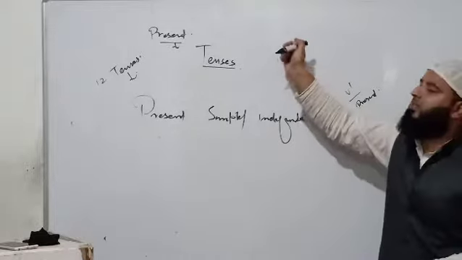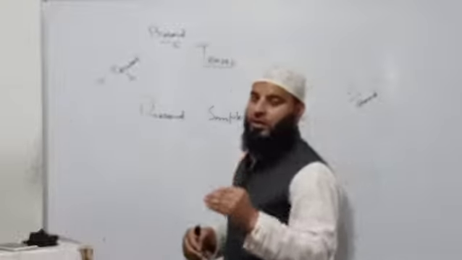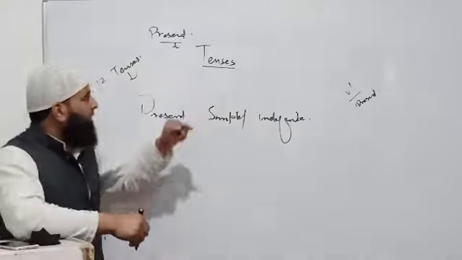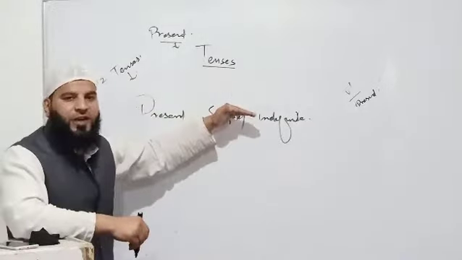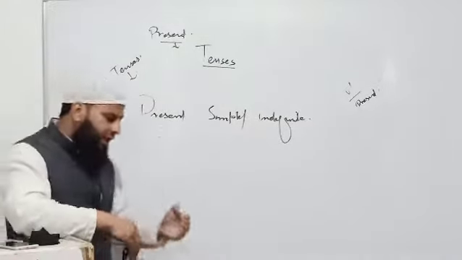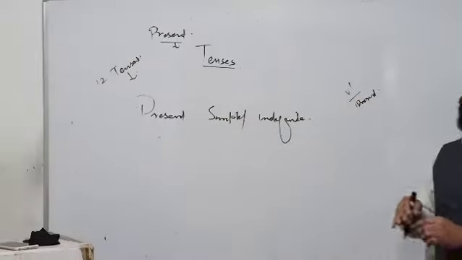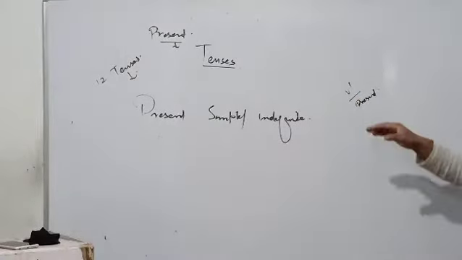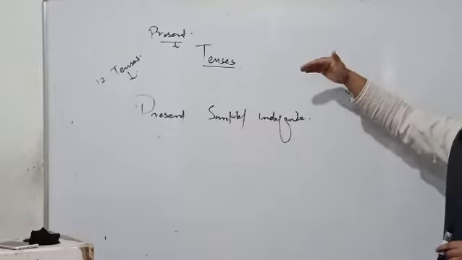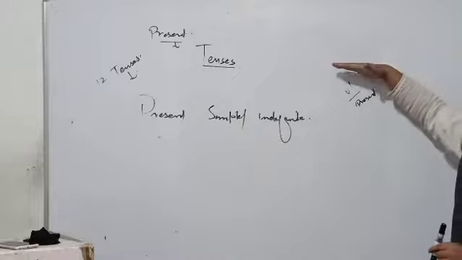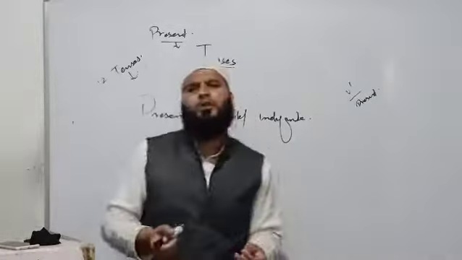Similarly, if we talk about the past, there are also four subclasses, four branches or four kinds: past simple, past continuous, past perfect, and past perfect continuous. And let us move to the future tense. There we will also see four kinds or four subtypes: future simple, future continuous, future perfect, and future perfect continuous.